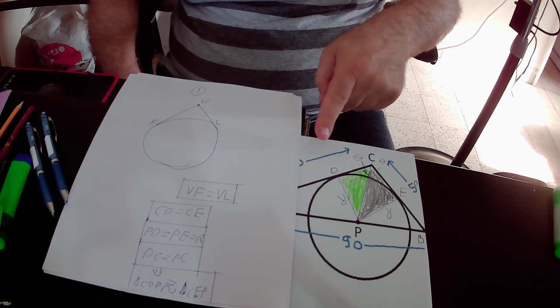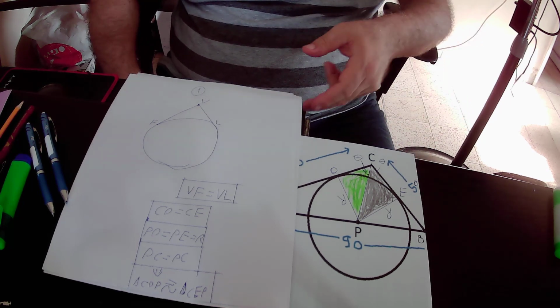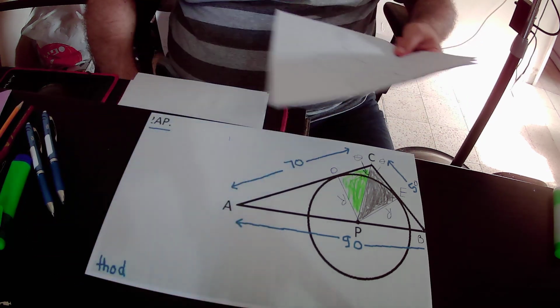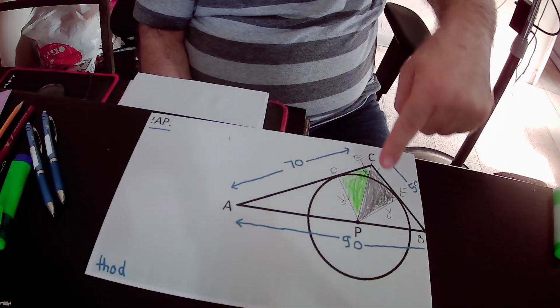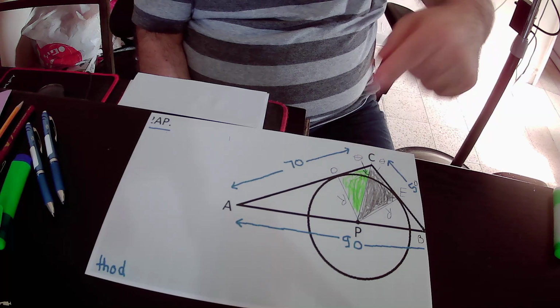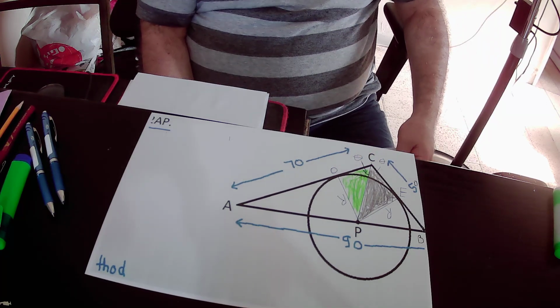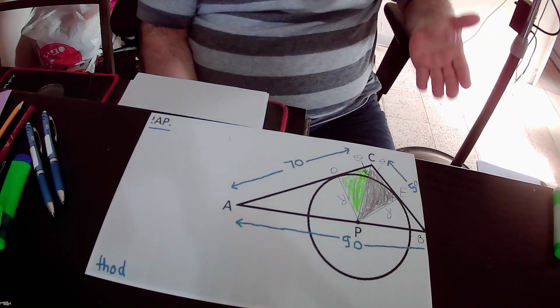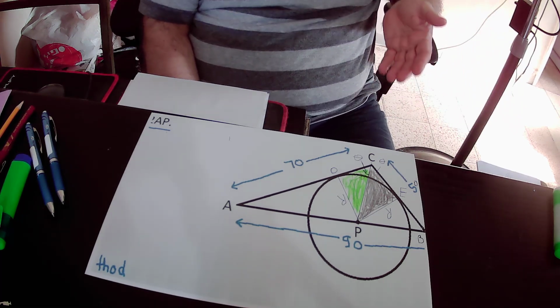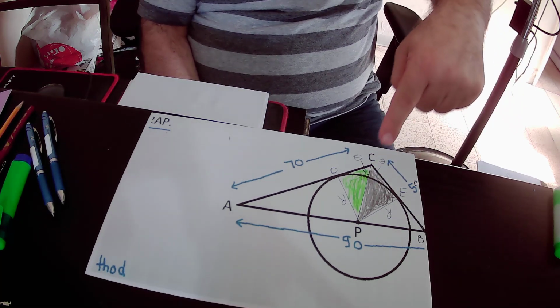For that reason, CO equals CE. And also PO equals PE equals the radius of the circle. Both PO and PE are radii of the circle, so they are equal to each other. And also PC equals PC.